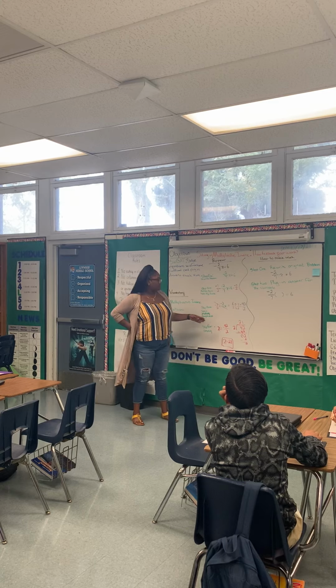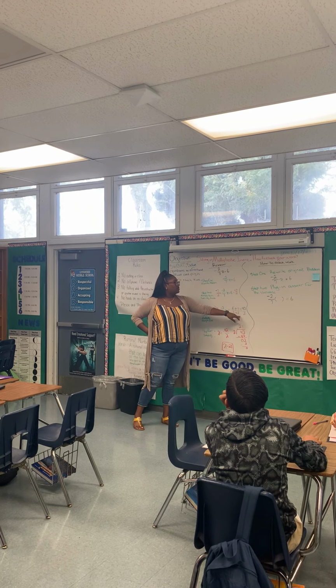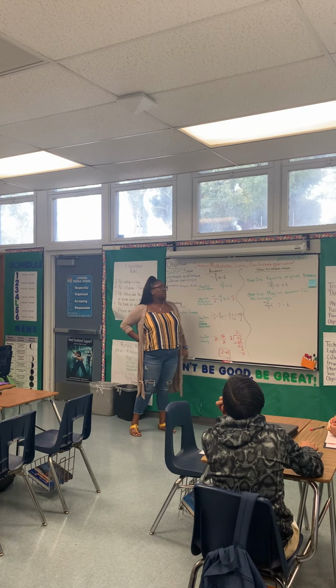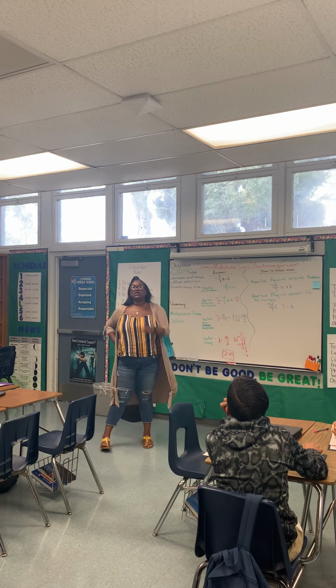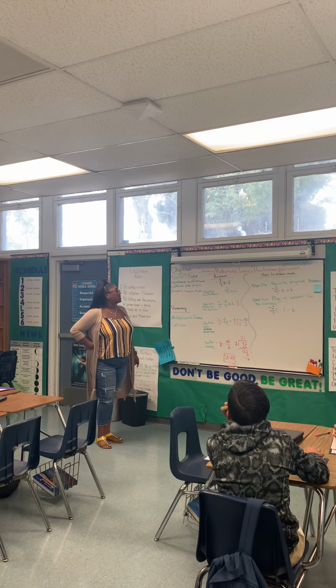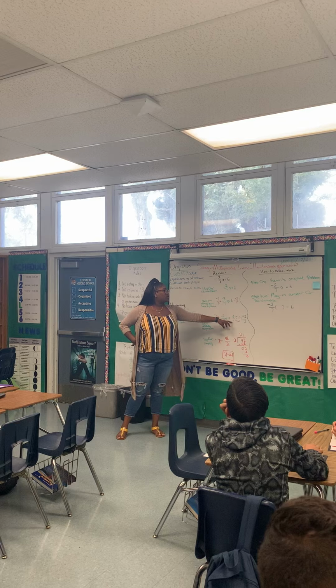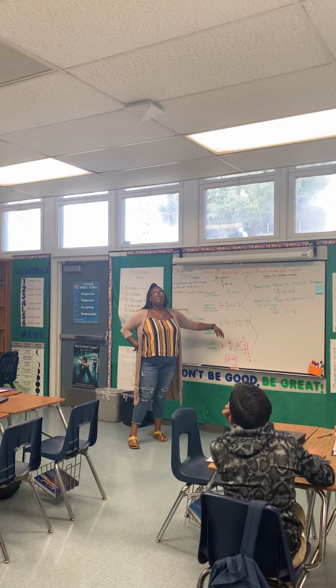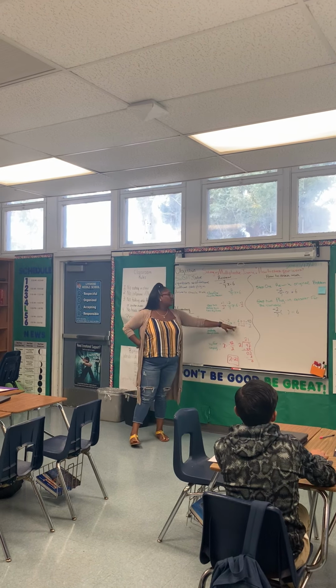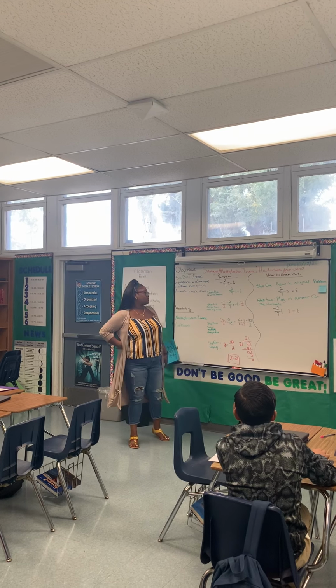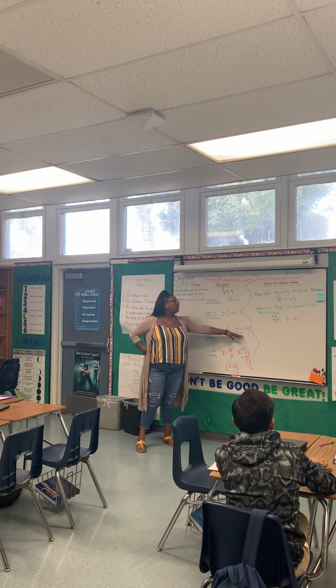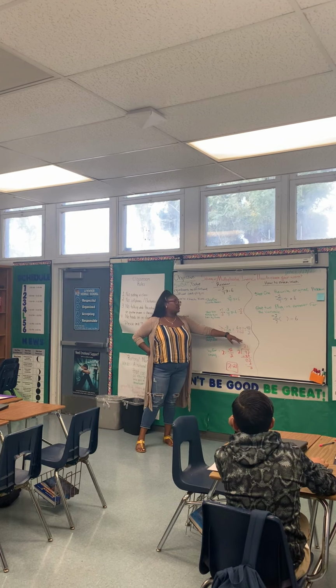So now we have x by itself. Then what do we do to the 6? We multiply, but what do we do first? We added an invisible 1 so that this is a fraction, so that we can see that we multiply the numerator and the denominator.